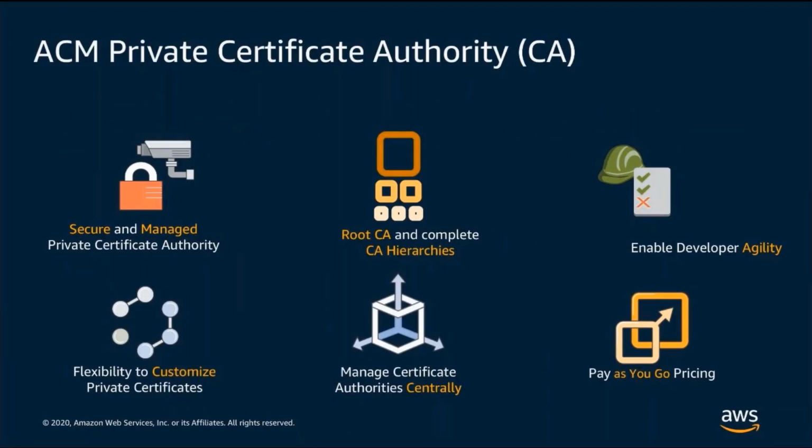A second core service for this solution is the Private Certificate Authority. The Private Certificate Authority allows you to issue certificates that are trusted within your organization. You will be able to issue to any domain or IP address that you need, and certificates of any type or key size.